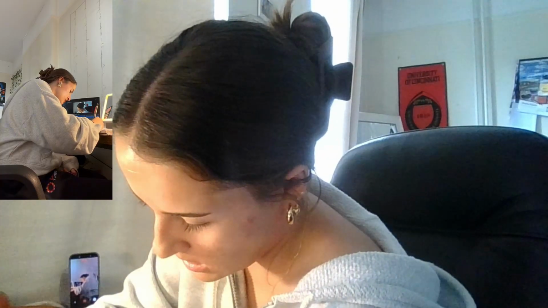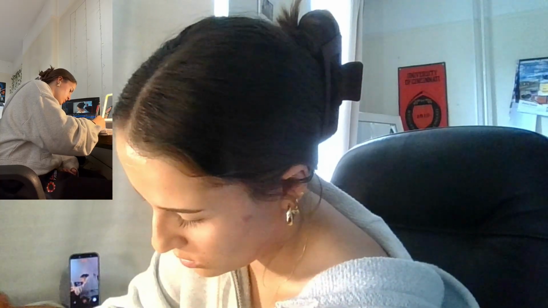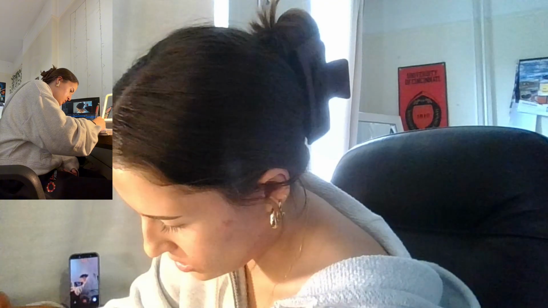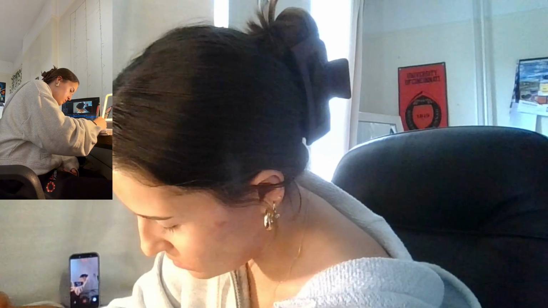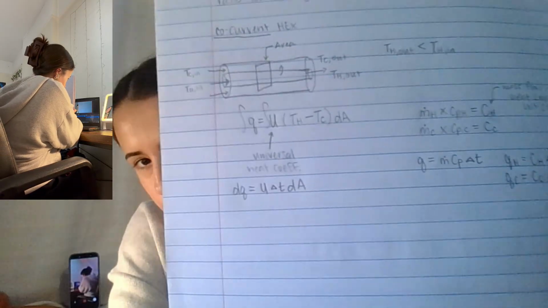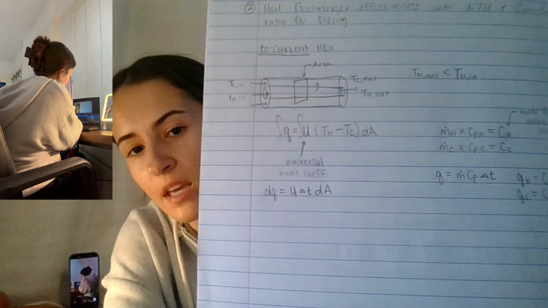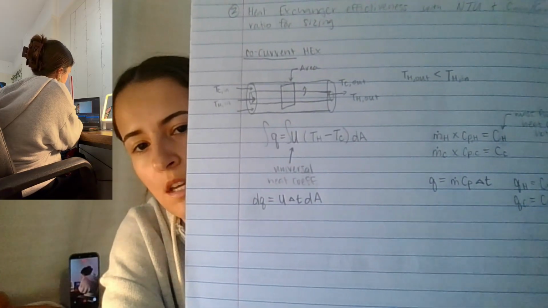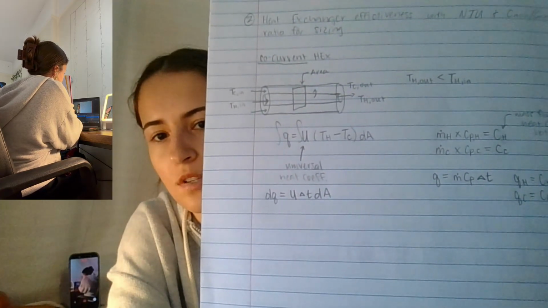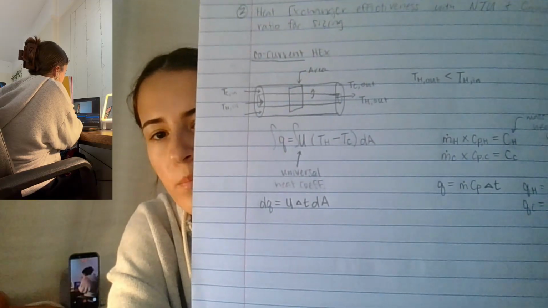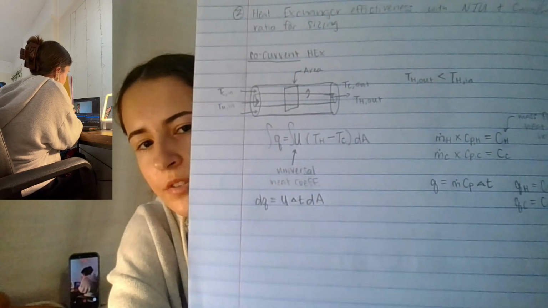So we're going to have dQ is equal to U times change in temperature times change in area. So this is what we have to start. We've taken those integrals away because we can't quite do that yet. And we're just taking the derivative of this equation here. And then I combined the temperatures into that delta T figure there.